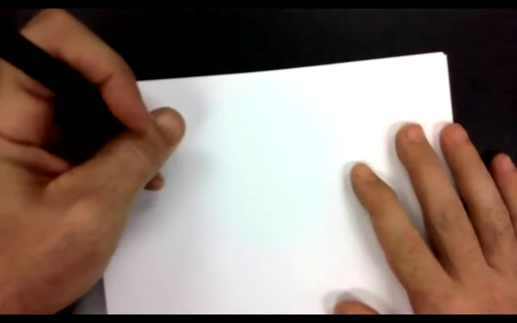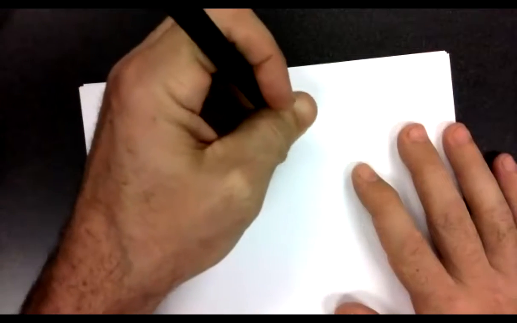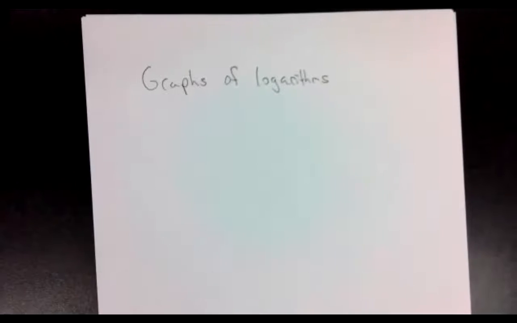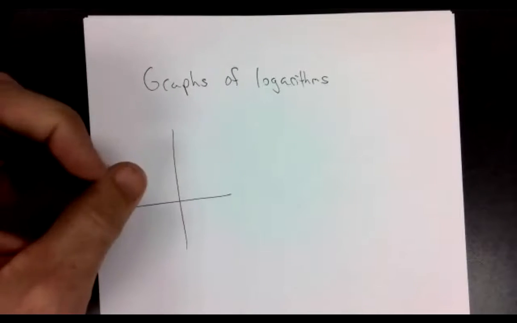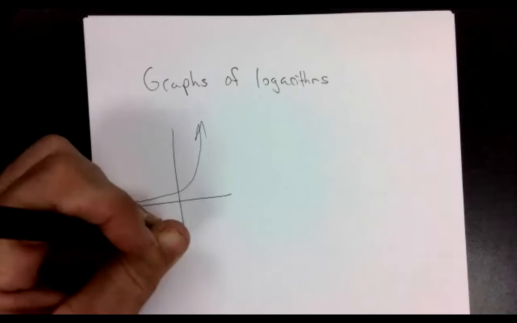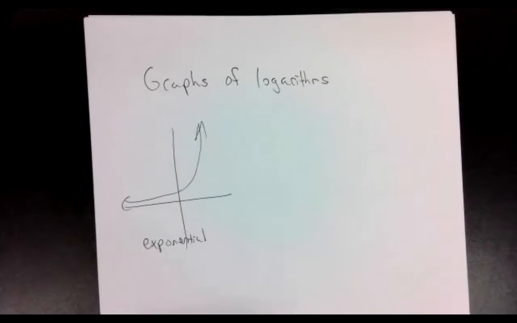All right, the last thing we're going to talk about, just like with the exponential functions, is the graphs of log functions. Again, remember, your exponential functions look like so.